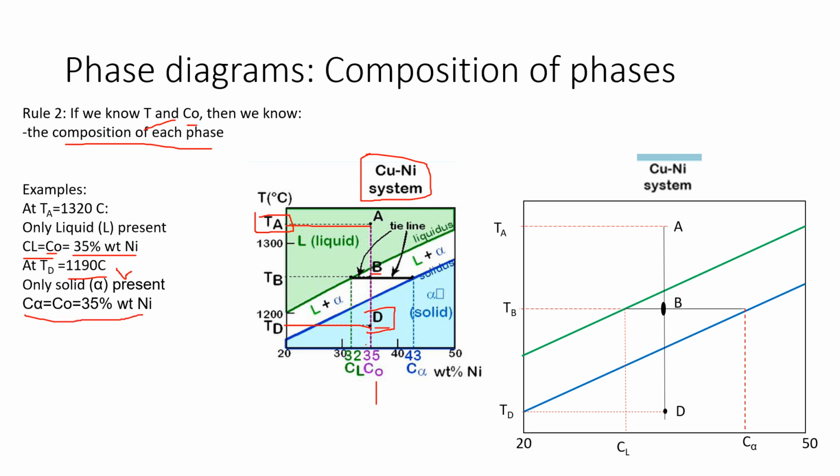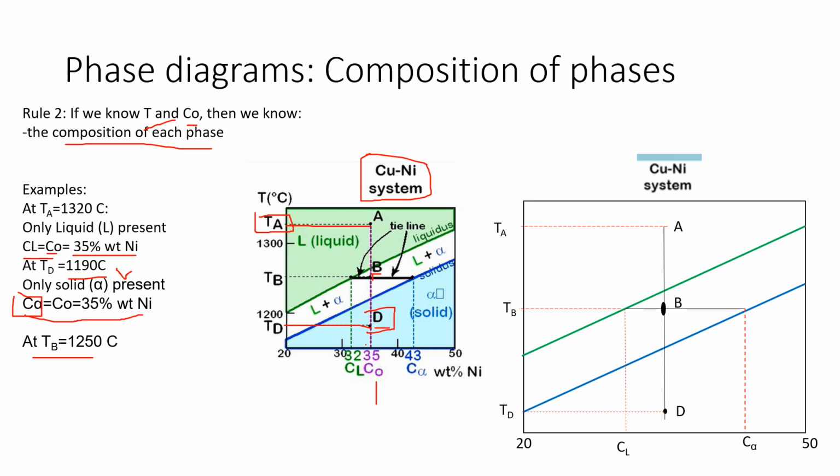Similarly, at TD, 1190 degrees centigrade, only the solid alpha phase is present at point D. C alpha is equal to CO, 35% by weight of nickel. Because at point D this region is the alpha solid phase, the composition of alpha is also CO, 35% by weight of nickel.